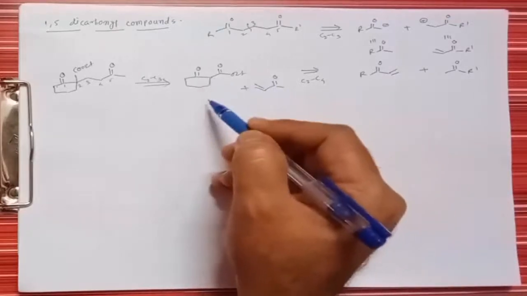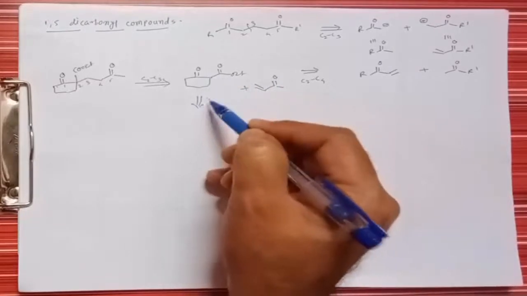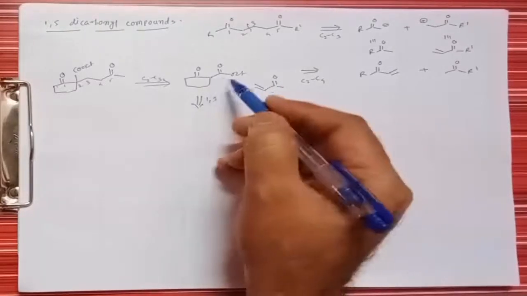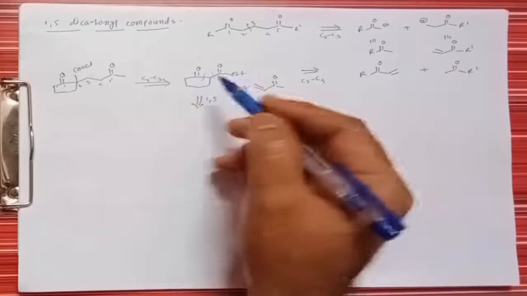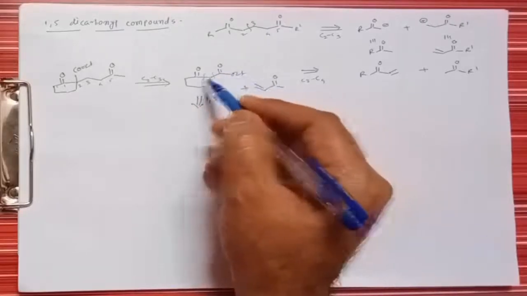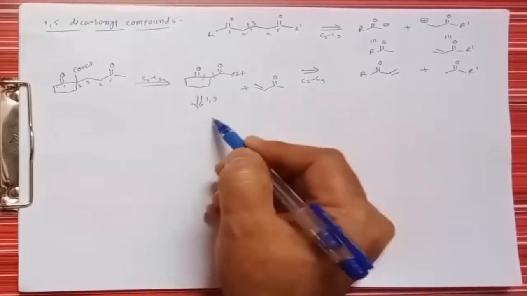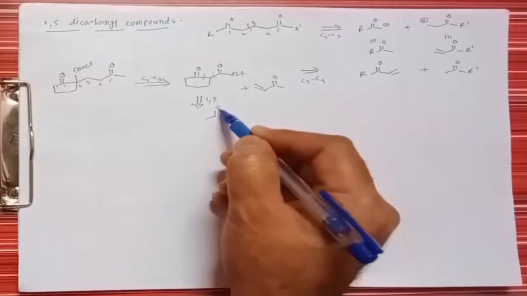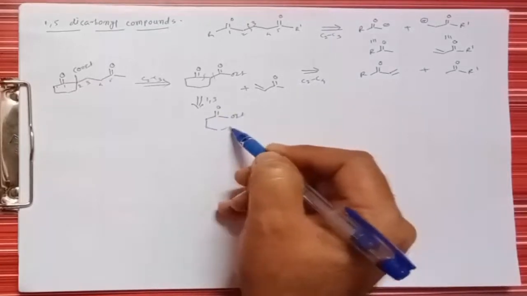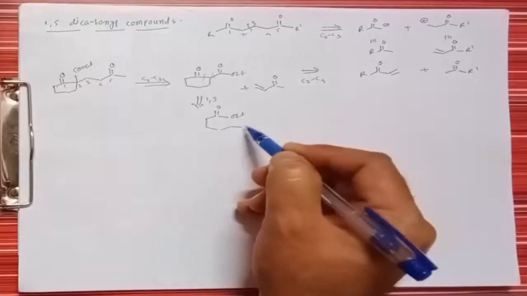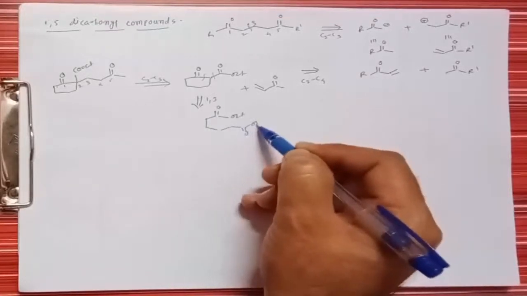This molecule contains a 1,3-dicarbonyl pattern, and with such a pattern we can break this bond either at this position or at this position. If we break the bond at this position, it gives an ester molecule, and that ester can easily be prepared by Dieckmann cyclization.